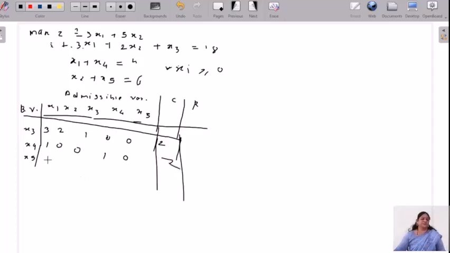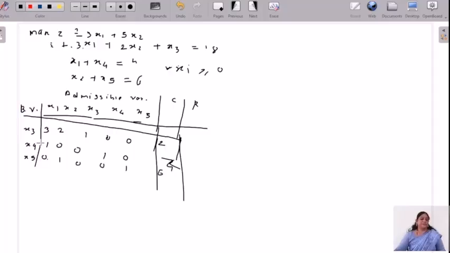Next coefficient is 0, x2 is 1, 0, 0 and 1. Right hand side constant is 6.